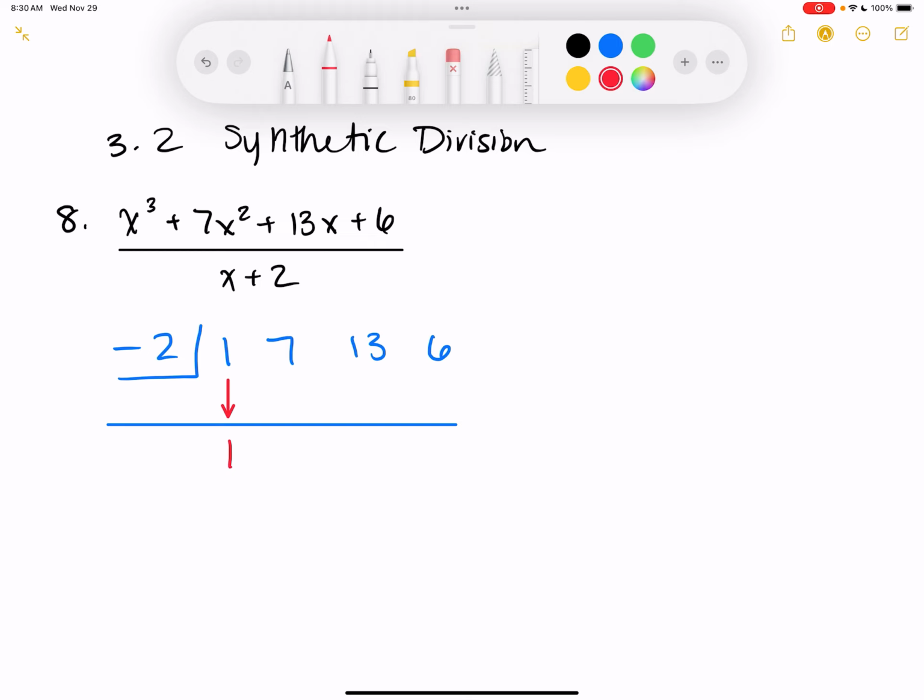So 1 times -2 is -2. And then we add these terms, or obviously subtract if they're subtracting. So 7 minus 2 is 5.